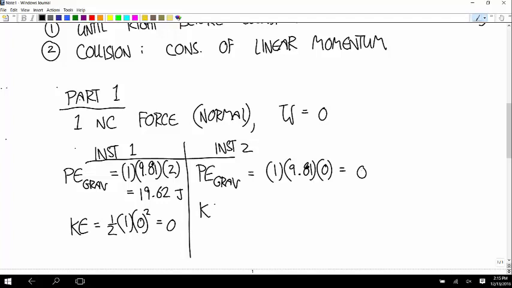And what do we know about the kinetic energy? It's 1/2 times the mass. What do we know about the speed? We don't know it, and we have to calculate that to go to the second part. So just leave that as V. And so the kinetic energy is 1/2 V squared.